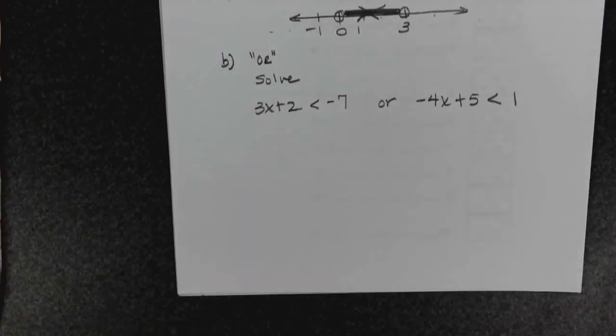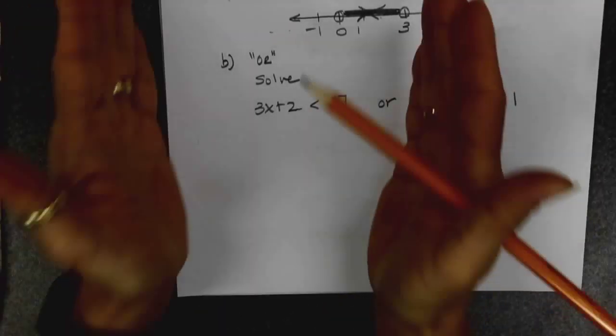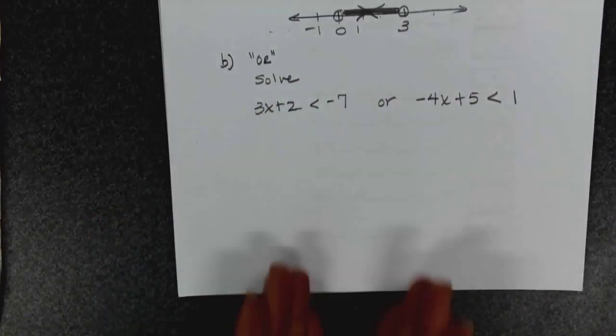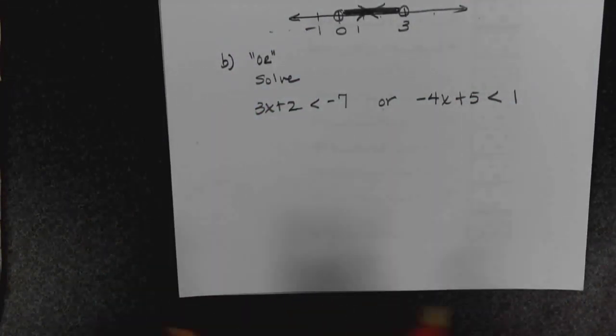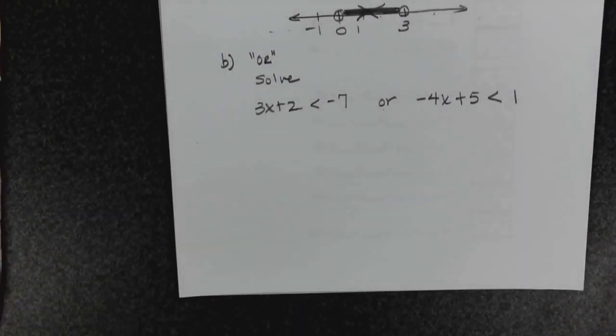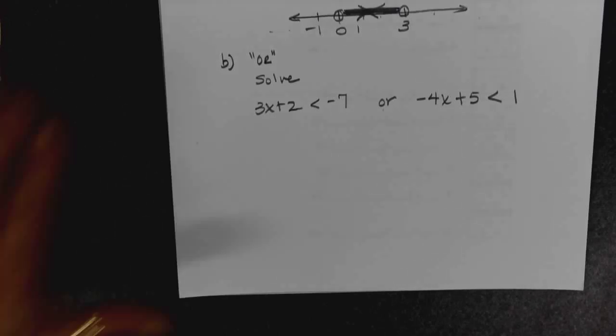Unlike the and, you do them separately, and you keep the word or in your answer. And how should this graph look? It should be going in the opposite direction: one going to the left, one going to the right, because it's an or. Ors always point away from each other.